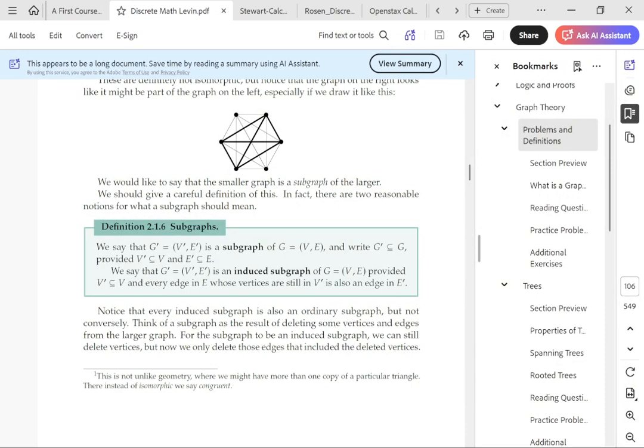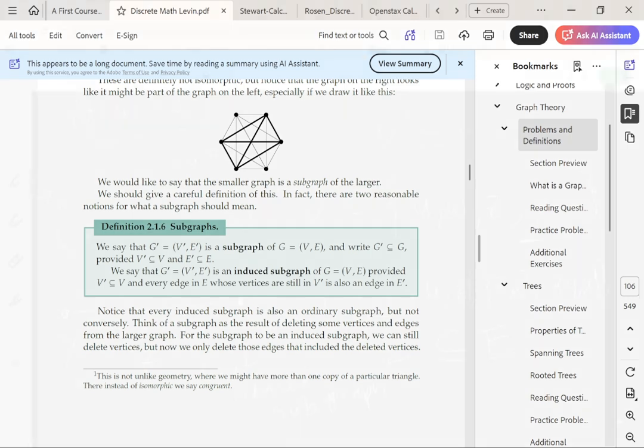Here it states, we say that G prime equals V prime, E prime is an induced subgraph of our graph G equals V, E, provided V prime is a subset of V. And here's an additional description: every edge in E whose vertices are still in V prime is also an edge in E prime.